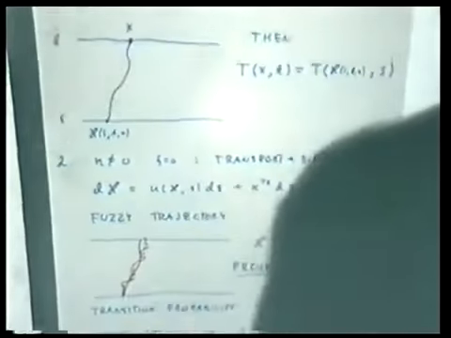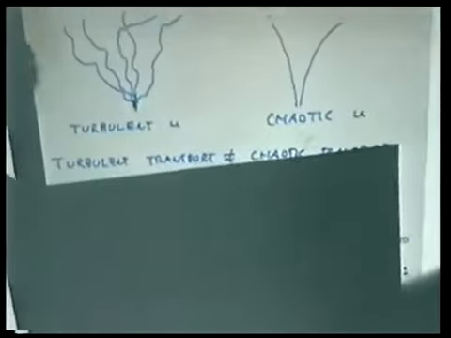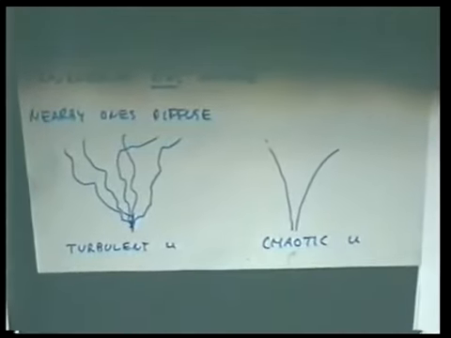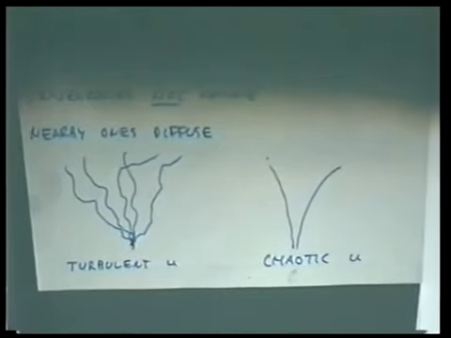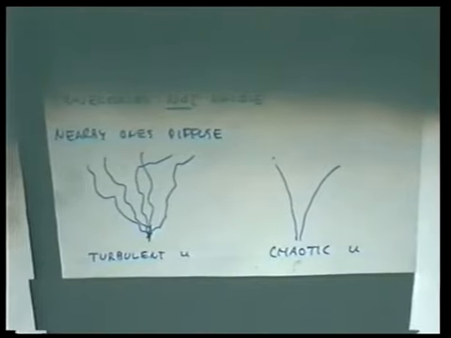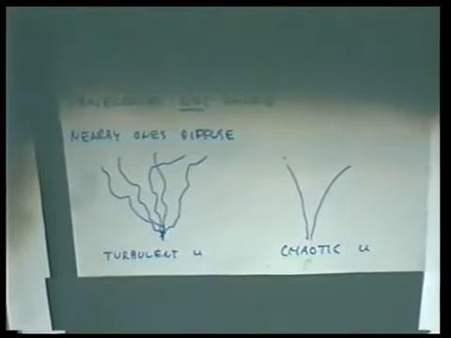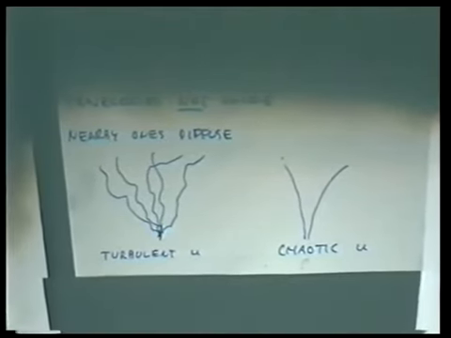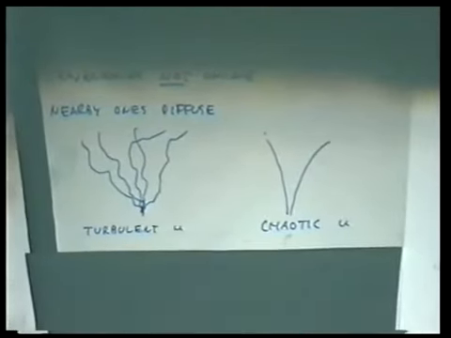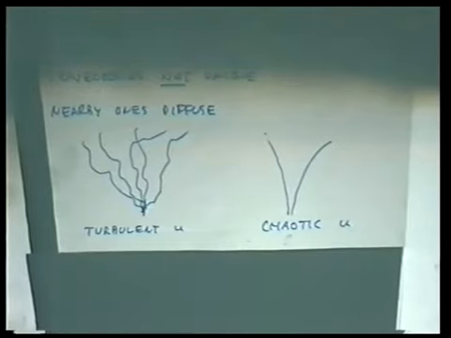So turbulence is inherently non-deterministic in that sense. Trajectories diffuse. Identical initial conditions don't have identical consequences, unlike in chaos. In chaos, identical initial conditions have identical consequences, but you have exponential separation of trajectories. Here it's not the case. Here identical initial conditions have different consequences, and nearby ones diffuse.